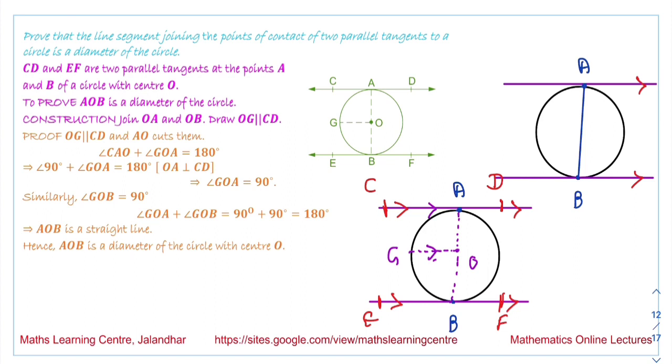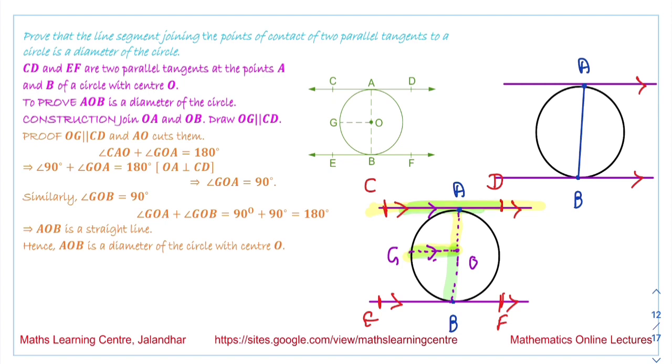We have drawn this line OG such that these lines are parallel to each other. So what construction have we done? We have joined the point A with the center of this circle, we have joined the point B with the center of this circle, and we have drawn OG parallel to CD.